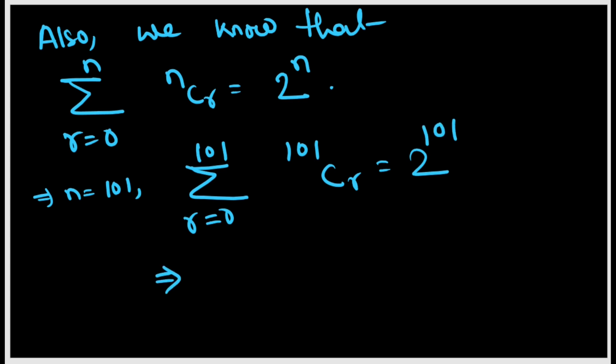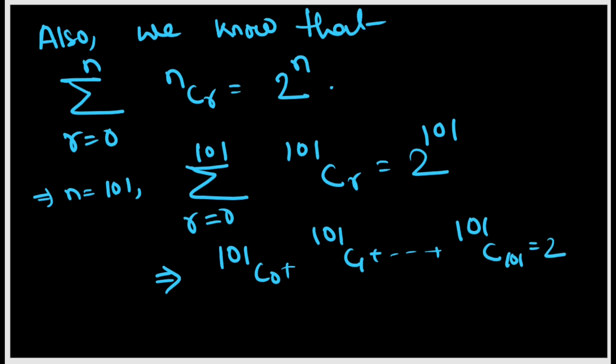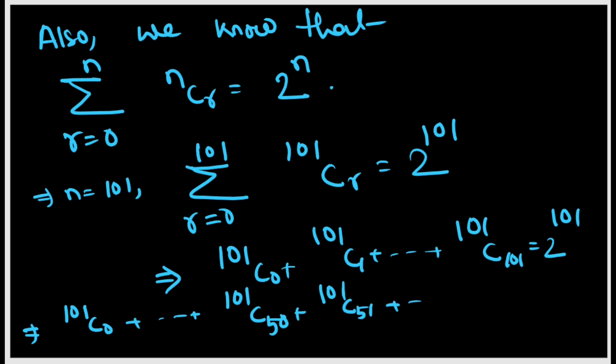Now we break this: 101 C0, 101 C1 up to 101 C101 is equal to 2 to the power 101. See carefully, one term is 101 C50, after that 101 C51 up to 101 C101, and the whole is equal to 2 to the power 101.